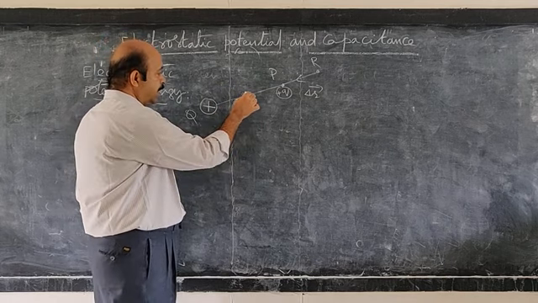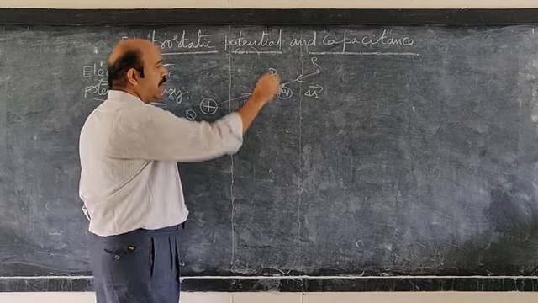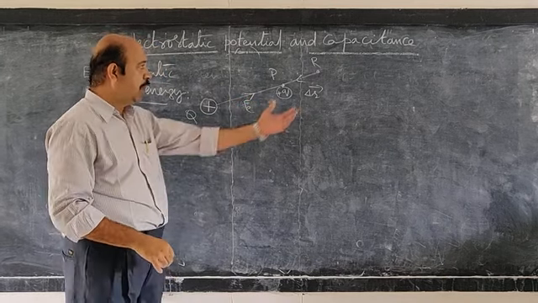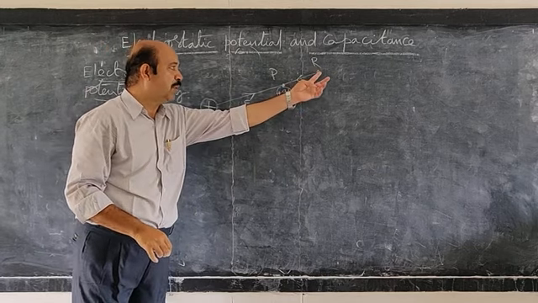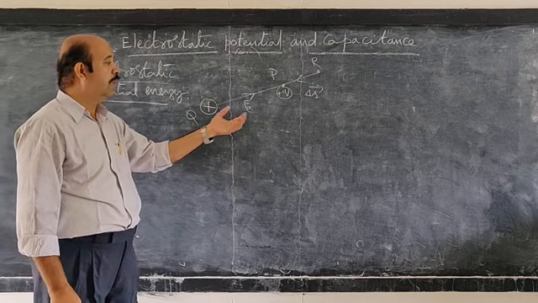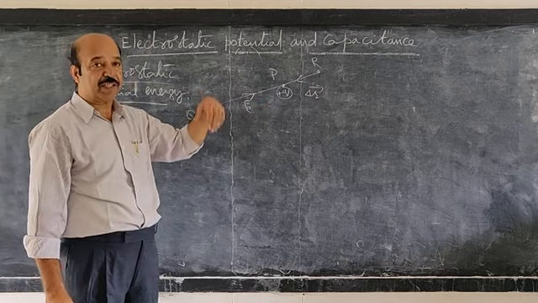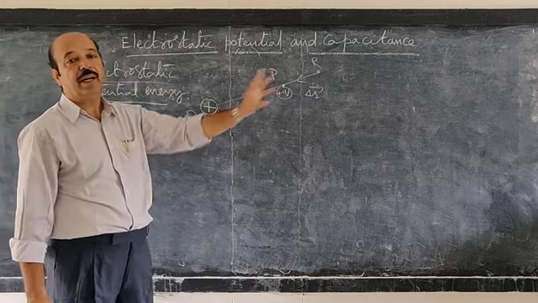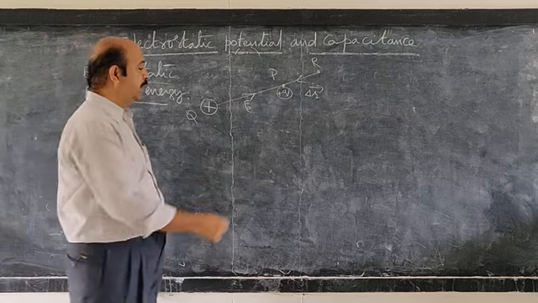Since it is experiencing a repulsive electric force, to bring the positive charge towards this charge you have to apply an external force equal to this but opposite in direction.